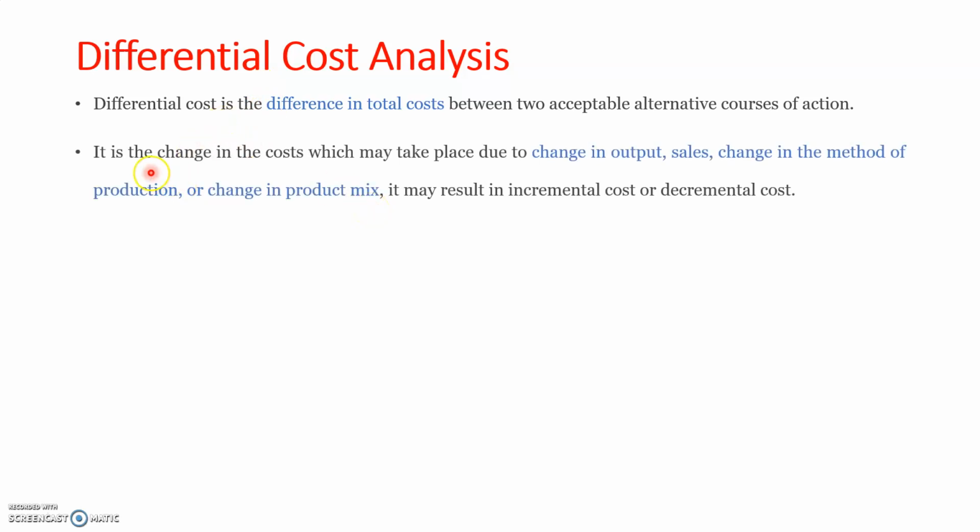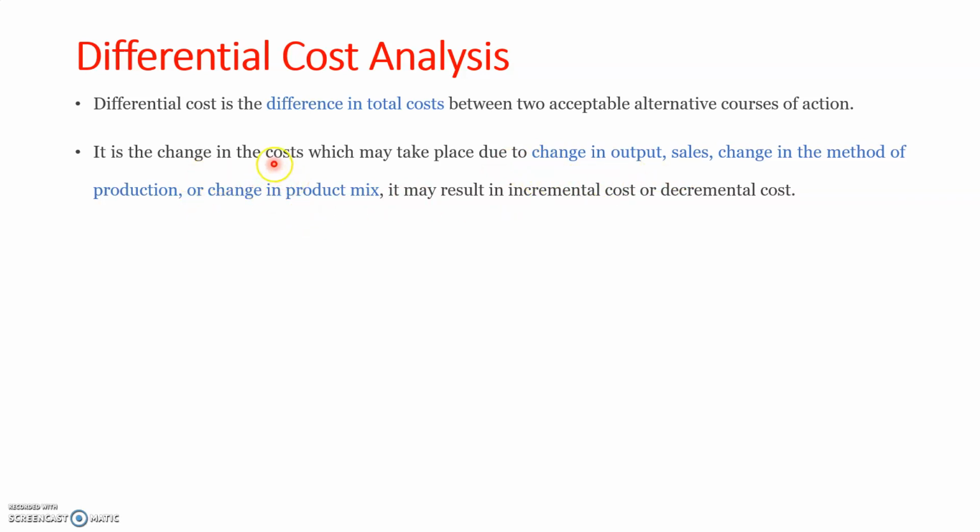So let us check in detail. It is the change in the cost. Already there is a system or a method of production and its cost. And if we are making changes in the existing system, such as a change in the level of output, or a change in the volume of sales, or a change in the method of production, or a change in product mix, then because of these changes there may be a change in the cost.